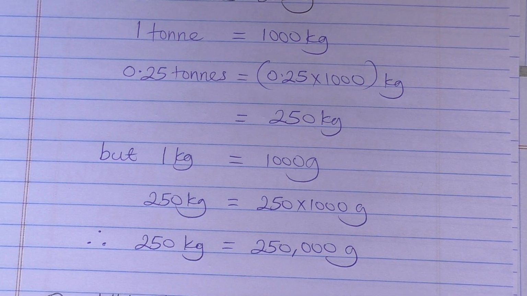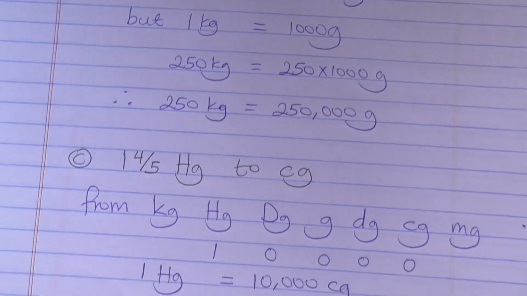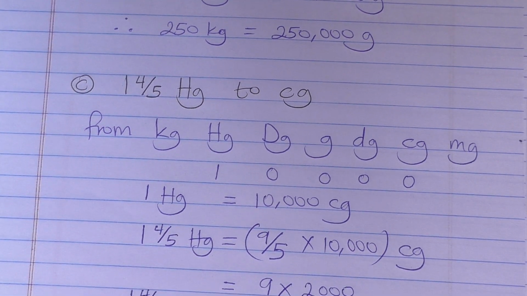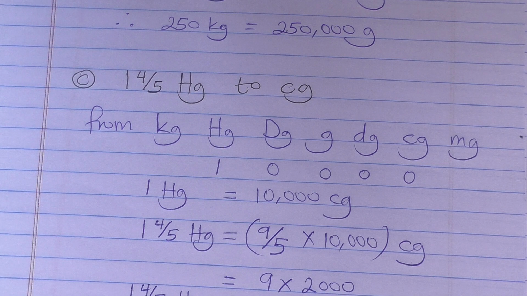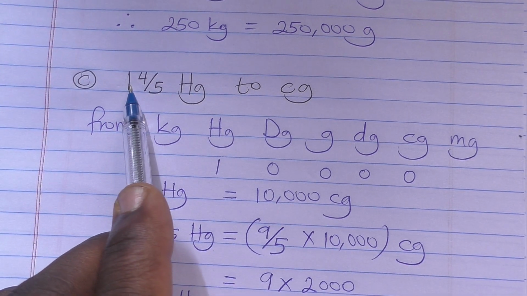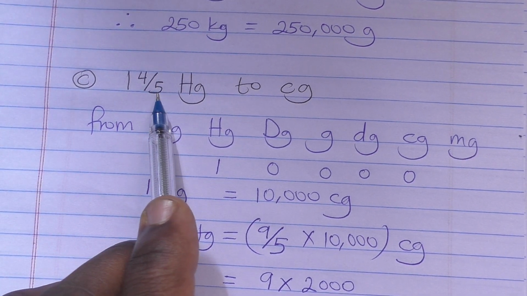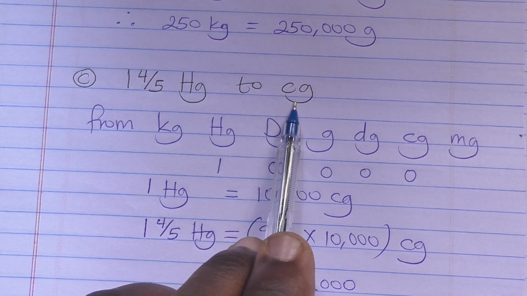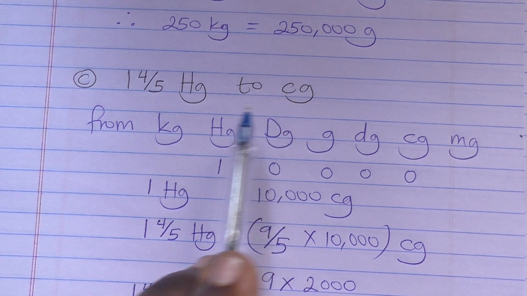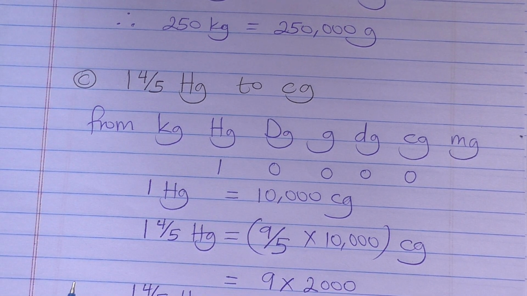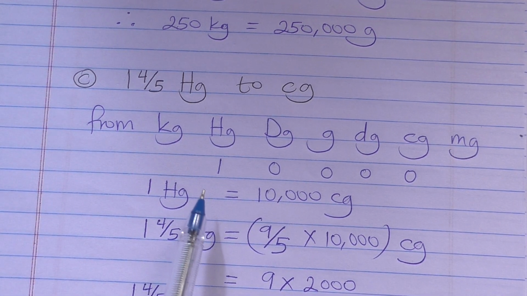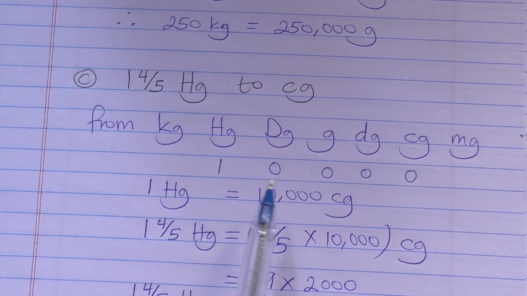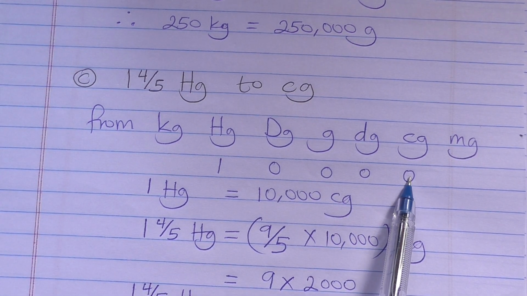Let us look at our next example. Example C, we are told that 1 and 4/5 hectograms to centigrams. So as we convert, we shall get the equivalence of 1 hectogram in terms of centigrams.